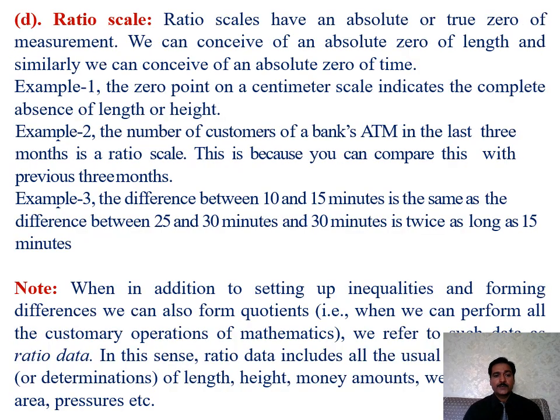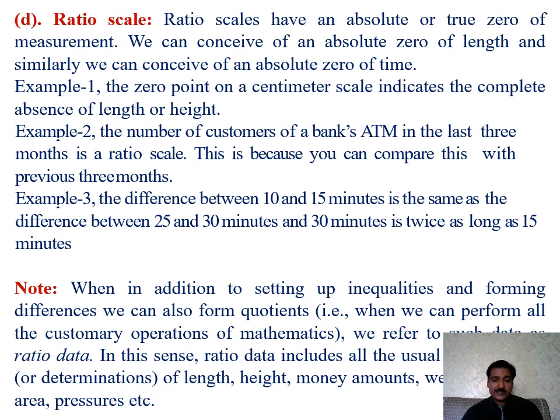Let's move to the ratio scale. So here ratio scale is actually nothing but numerical data, and an example can be: the difference between 10 minutes and 15 minutes is the same as the difference between 25 and 30 minutes, and 30 minutes is twice as long as 15 minutes.